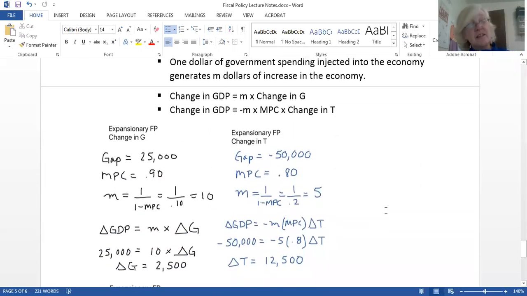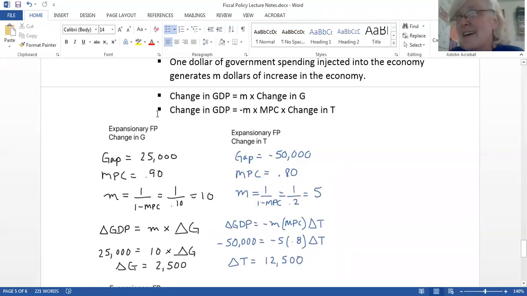All right. Then additionally, once you know how to calculate the multiplier, you have to calculate the formulas separately. There's two formulas. There's one for government spending and one for taxation. The one for government spending says that the ultimate change in GDP is equal to the multiplier times however much they increase their spending by.